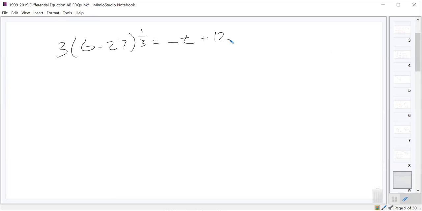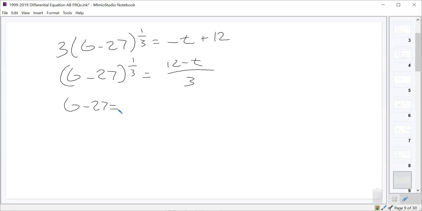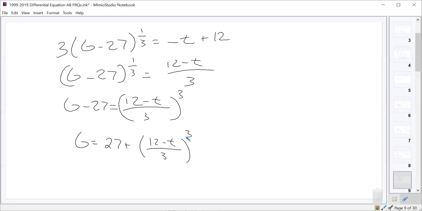And now we just solve for g. The first step in solving for g will be to divide by 3. Next step will be to cube both sides. And the last step will be to add the 27. There it is.